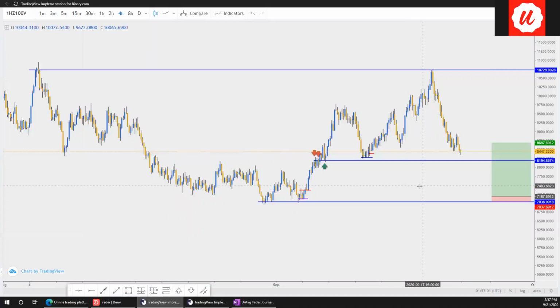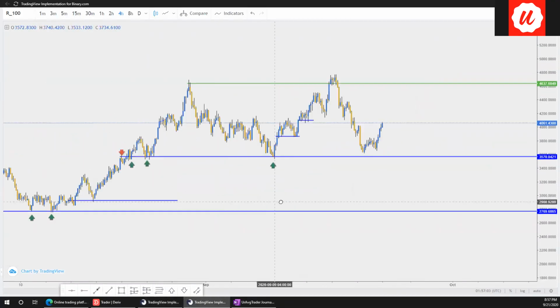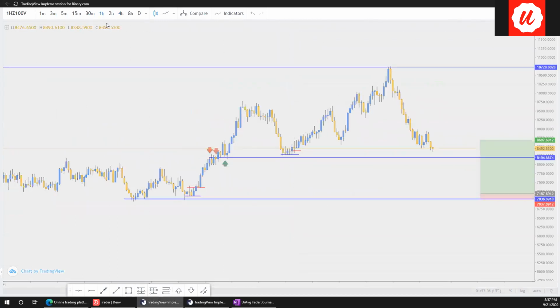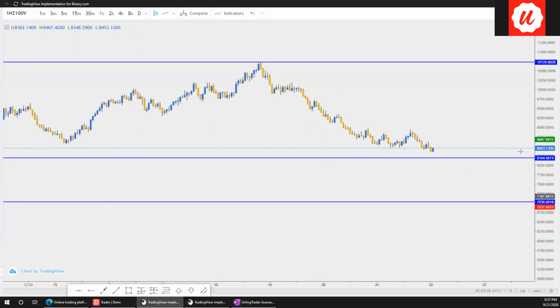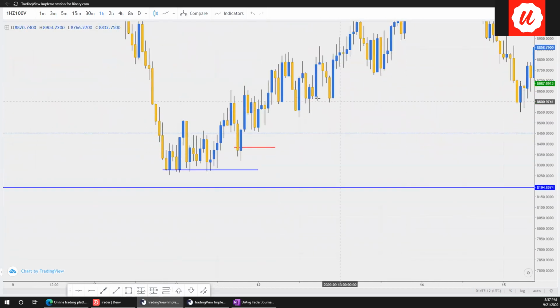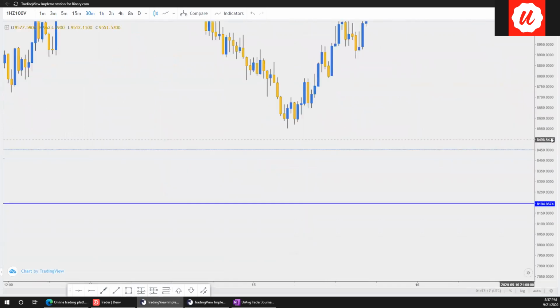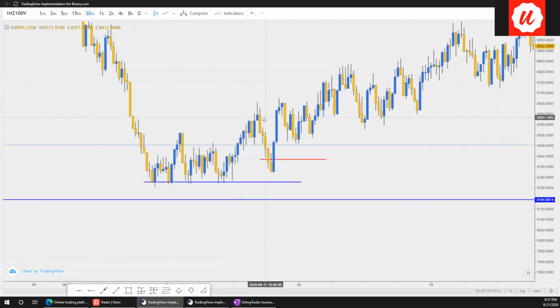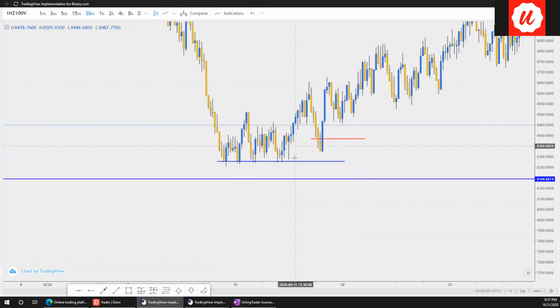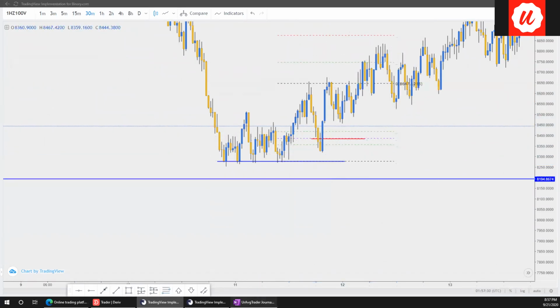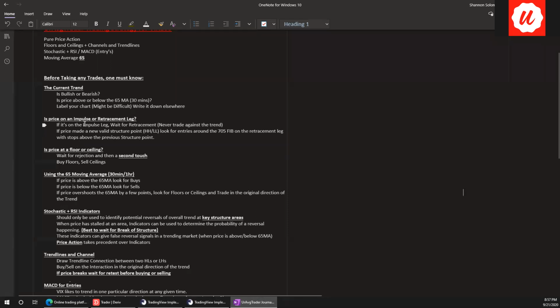So basically, it's what we just talked about over here. Right there, so price makes a valid higher high, and then we wait for the retracement back down to the 705 fib, and then we just enter right there. See? That's how you enter using impulse and retracement, right?